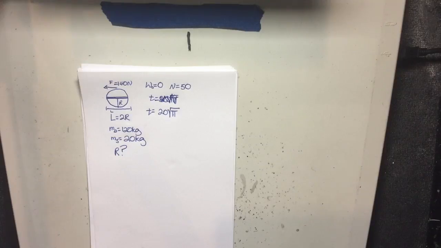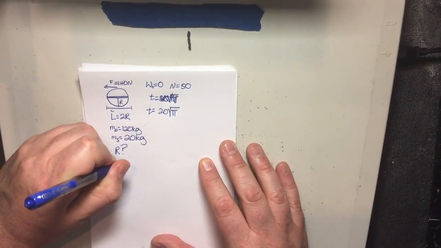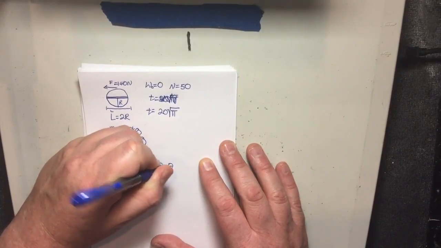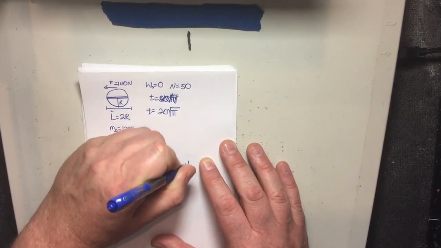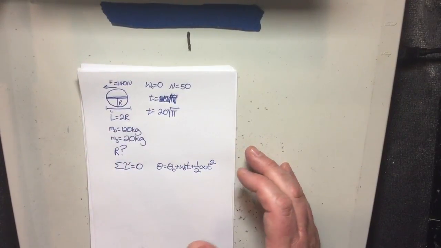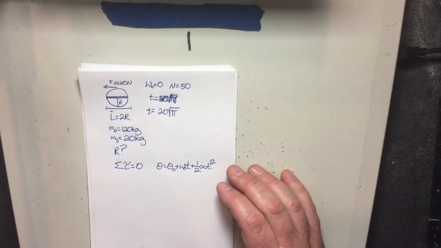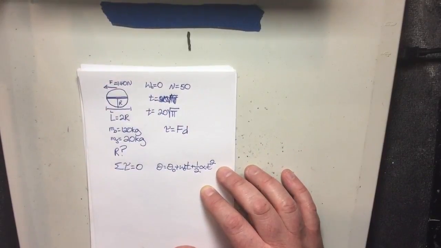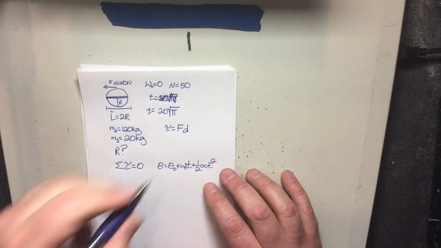So this is a situation where you do have a force on a circle and it's spinning up. So in this particular case, when you see this, the reflexive instinct is sum of the torques is equal to 0, theta equals theta naught plus omega naught t plus 1/2 alpha t squared. Now you know some of the basics. Torque is the force times the distance from the force to the rotation point.